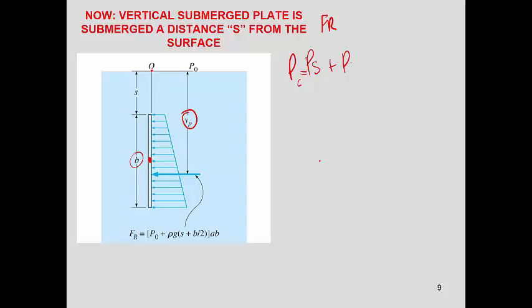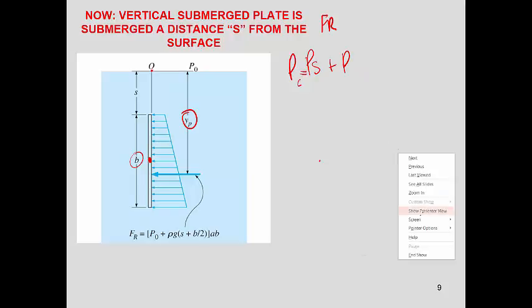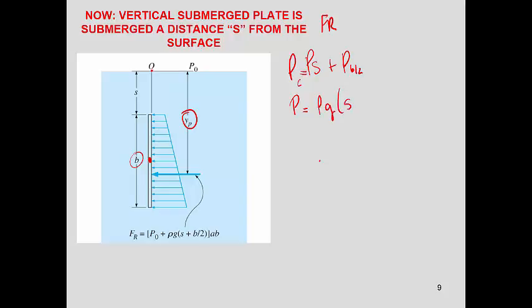So when I look at the centroid of the plate, the pressure at the centroid of the plate would be the pressure at s plus the pressure at b over 2. Okay? So the gauge pressure would be rho g times (s plus b over 2).